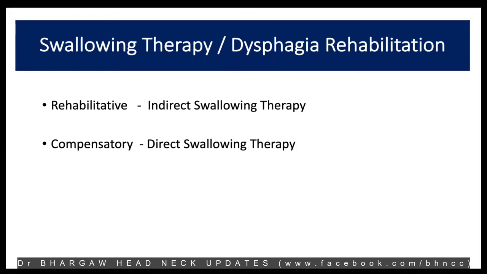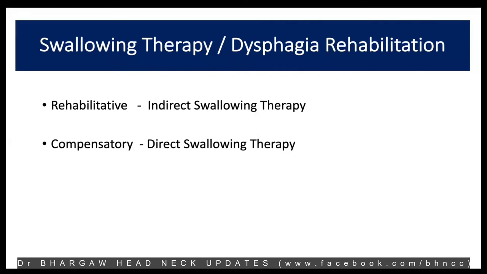So coming to swallowing rehabilitation, dysphagia rehabilitation, it's of two types. One is a rehabilitative or indirect swallowing therapy, wherein no food is given. What we do is we have a set of exercises or maneuvers to strengthen the muscles which have been weakened due to the treatment, and try to improve the stamina of these muscles and get them back to normal.